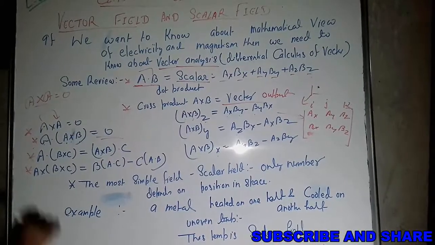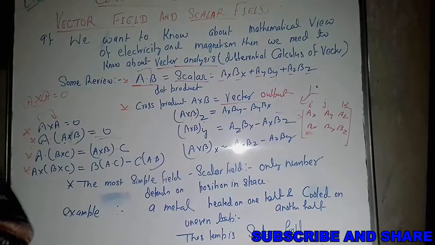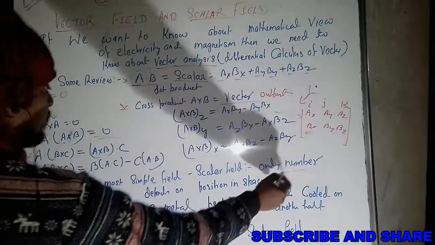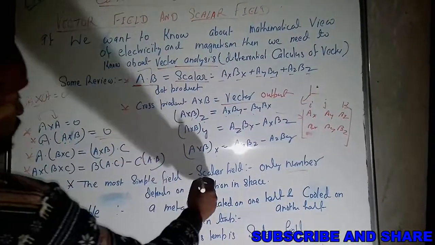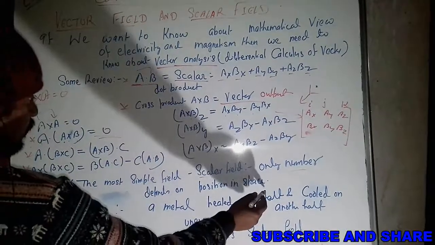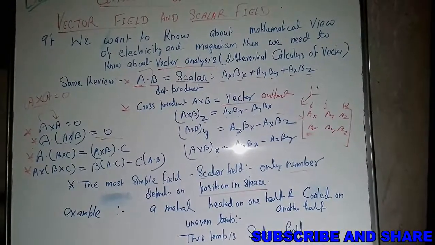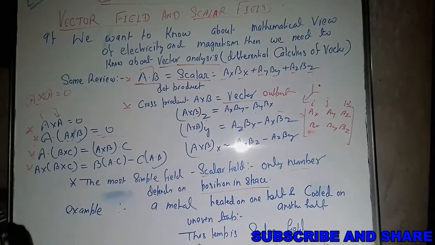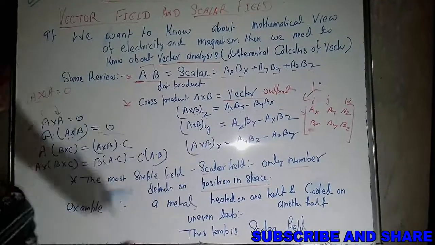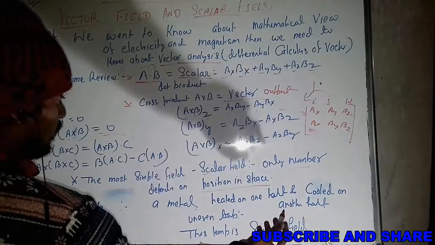Now, the simplest field we can imagine is the scalar field, which is only represented by a number, a scalar, and this number only depends on the position in space. One example of a scalar field is a metal which is heated at one place and cooled down at another place.